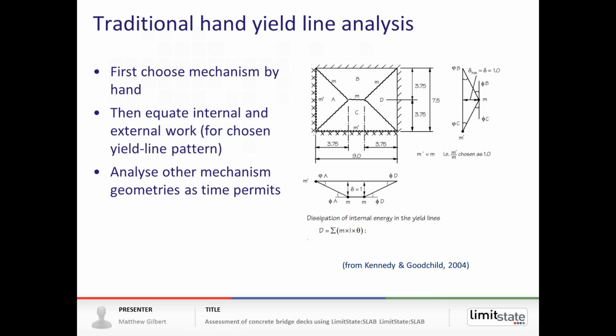If you're doing this by hand, then clearly there's a limit to the number of mechanisms that you can try out. And in reality, you'll spend a reasonable amount of time if you're doing this by hand, but a finite amount of time. And inevitably, it won't necessarily be possible to find the true critical collapse mechanism.